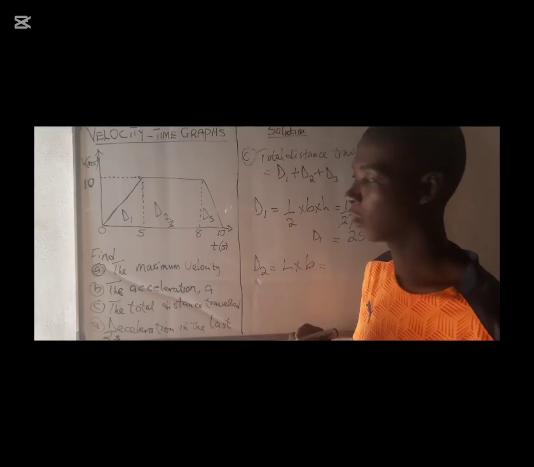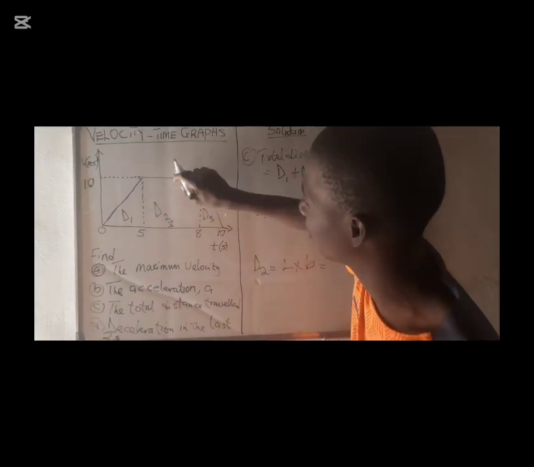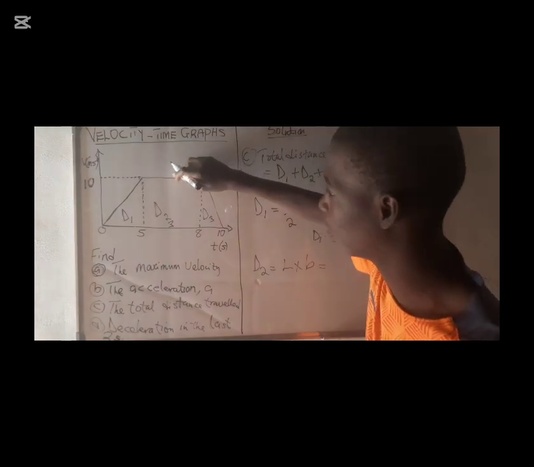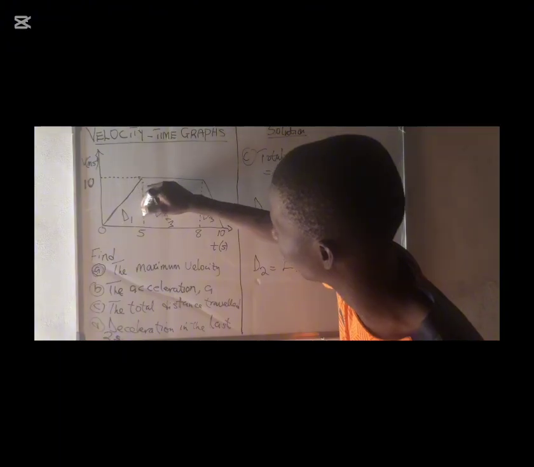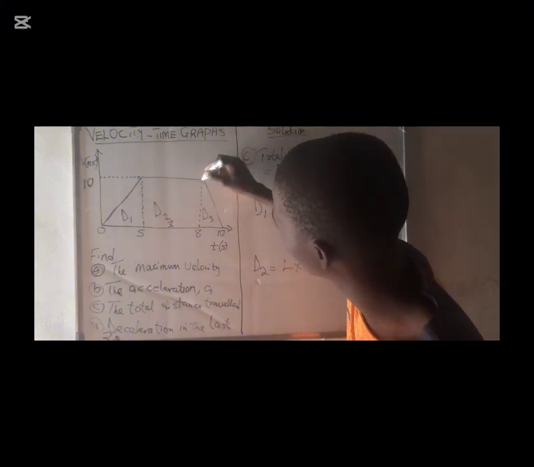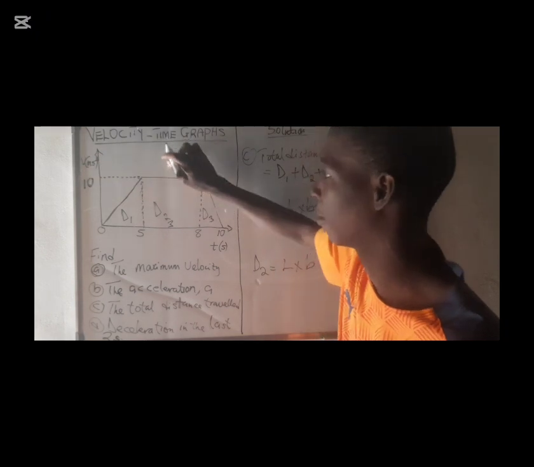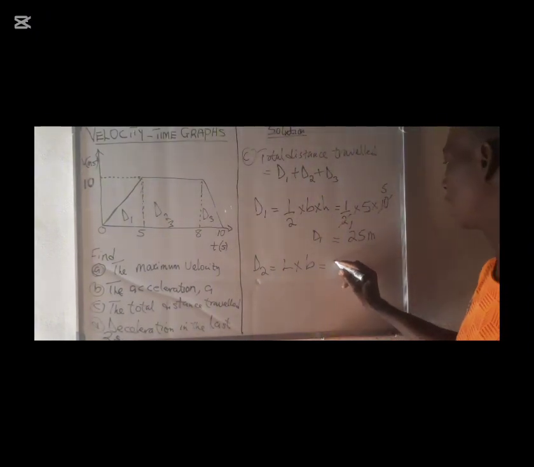Then we move on. If here is 3, this one will also be 3. So remember, this is our height, which is the velocity. It's the same thing here, so it's 10.